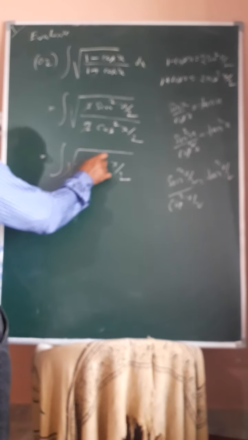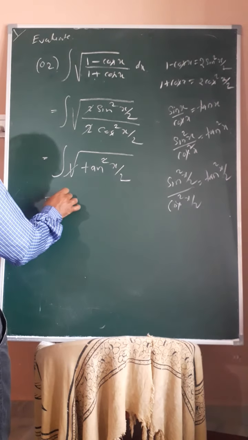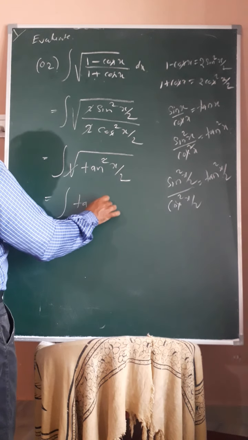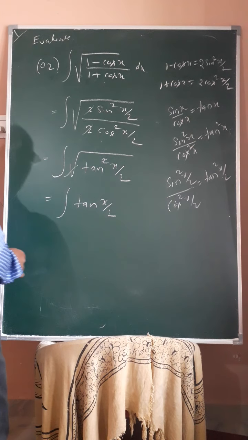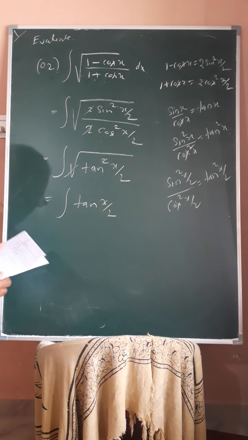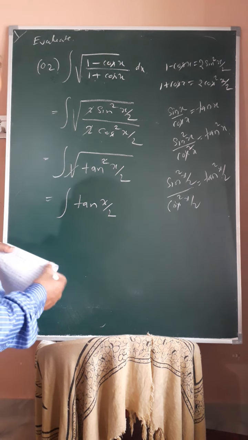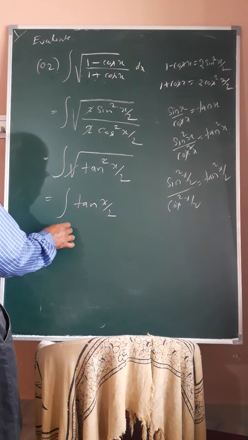Now this square root and this cancel. What will remain? Integration of tan x by 2. What is the integration of tan x by 2? That is also a known formula, that is log of secant x by 2.